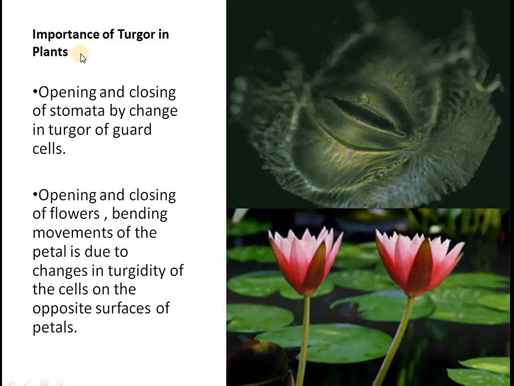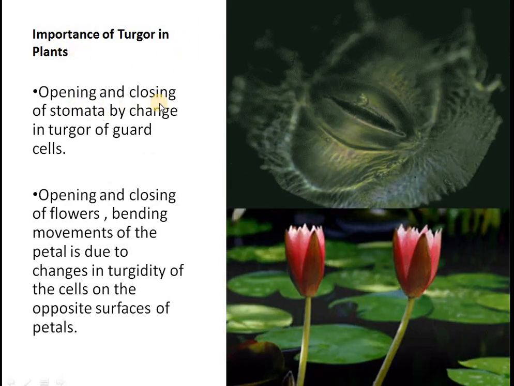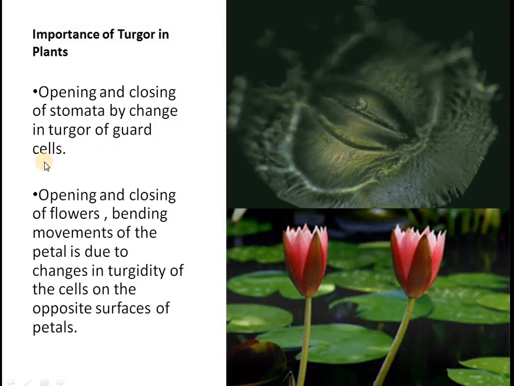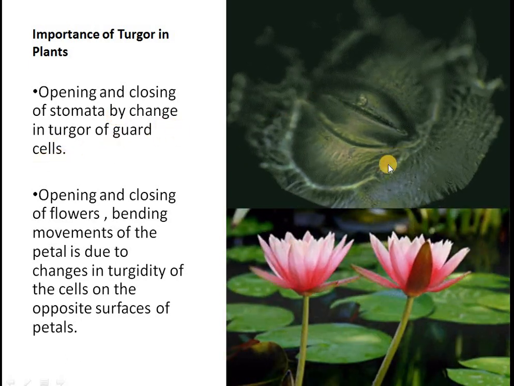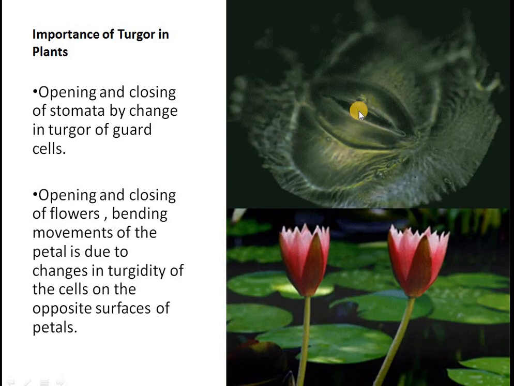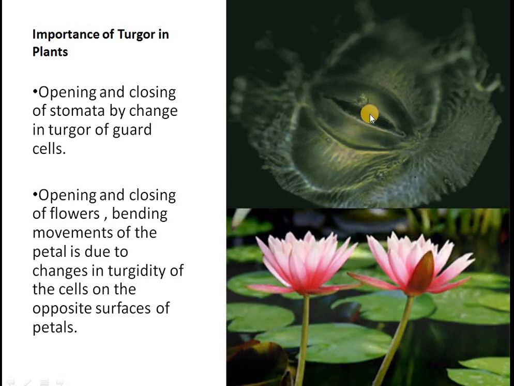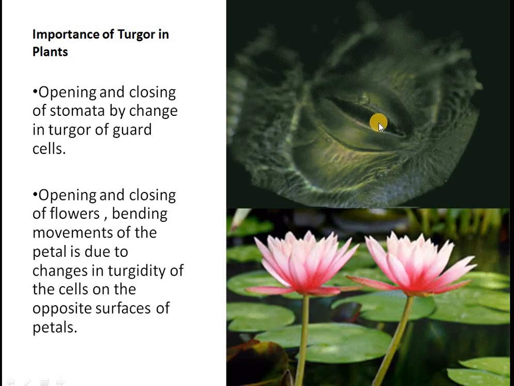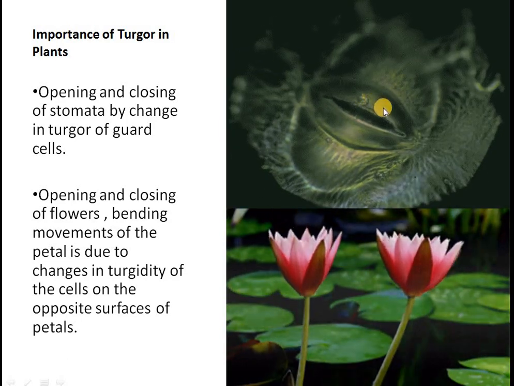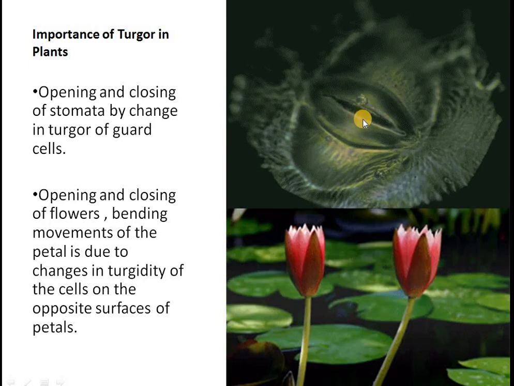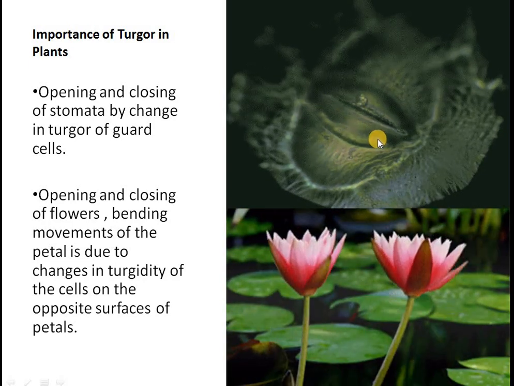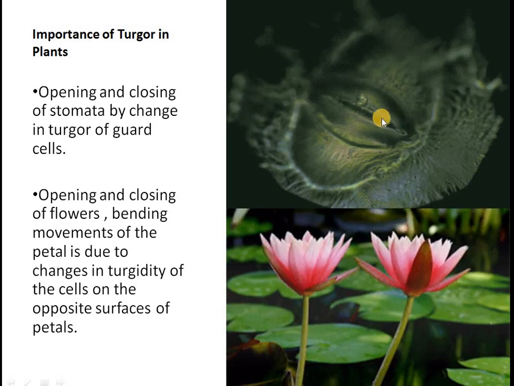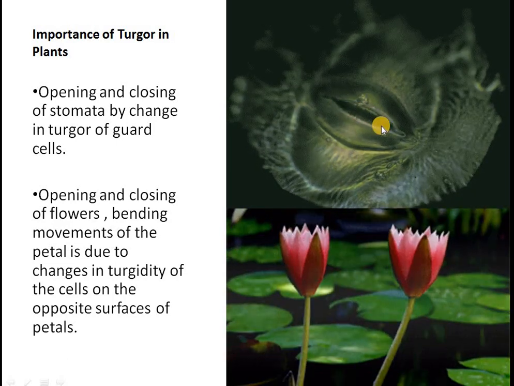The other importance of turgor is opening and closing of stomata by change in turgor of guard cells. If you see in the diagram, the stomata open and close. What controls the opening and closing of stomata is the change in the turgor of guard cells. These guard cells are bean-shaped cells controlling the opening and closing of stomata.